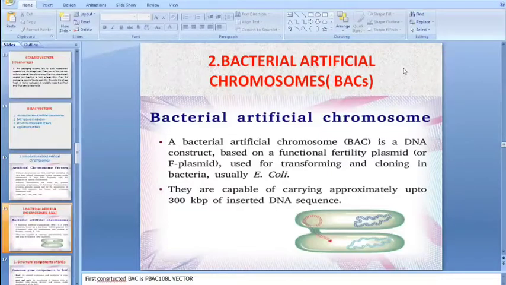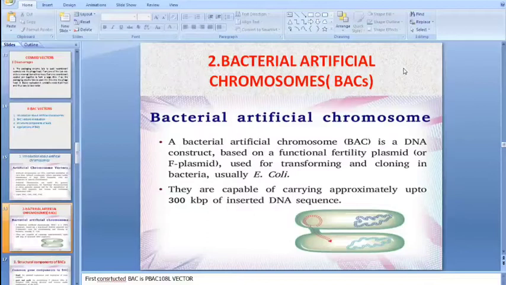A bacterial artificial chromosome is a DNA construct based on the functional fertility plasmid used for transforming and cloning in bacteria, usually E. coli. So in E. coli, there are two types of plasmids. What are plasmids? These are the extrachromosomal DNA present inside the E. coli cell or bacterial cell.